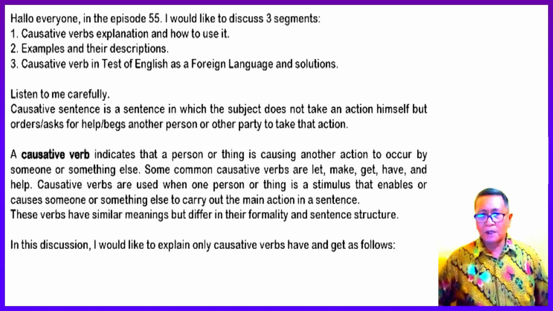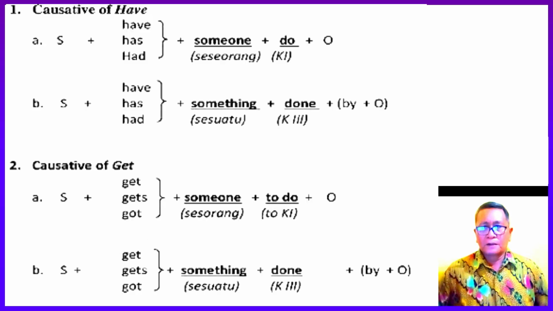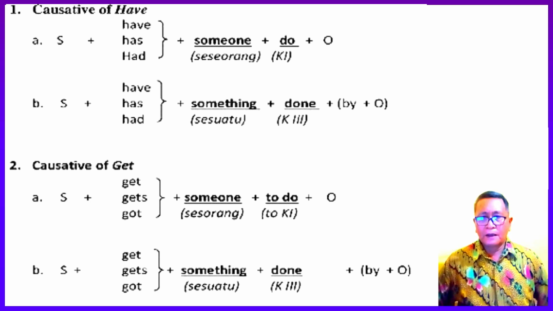These verbs have similar meanings but differ in their formality and sentence structure. Well, in this discussion, I would like to explain only the causative verbs of have and get as follows. Sentence patterns of causative of have.